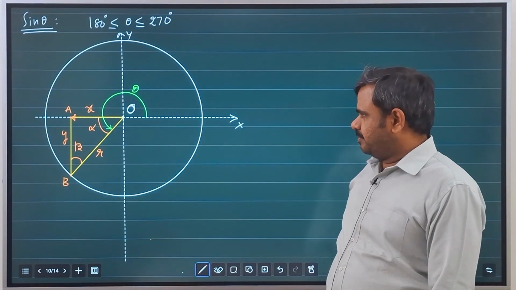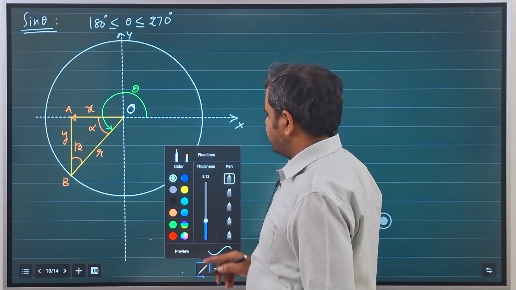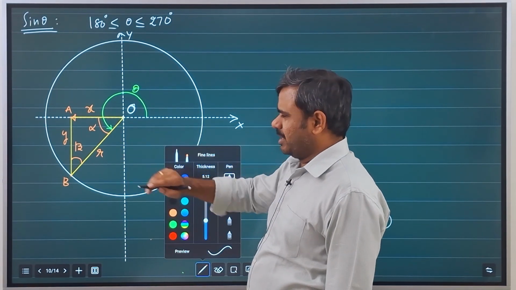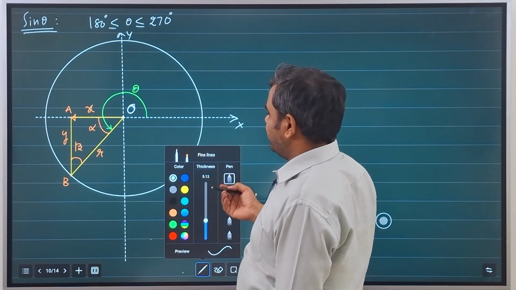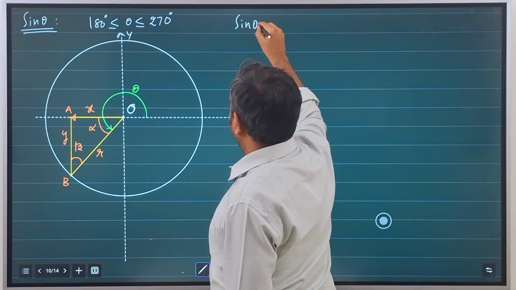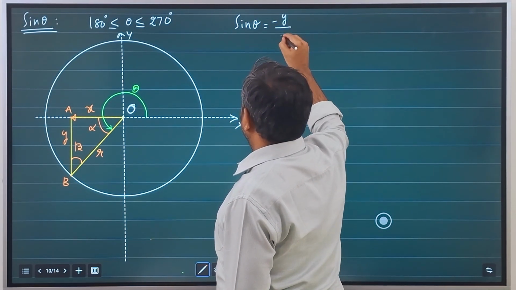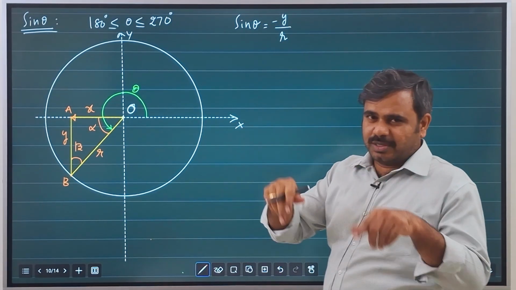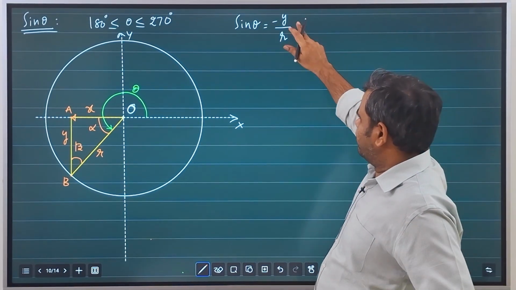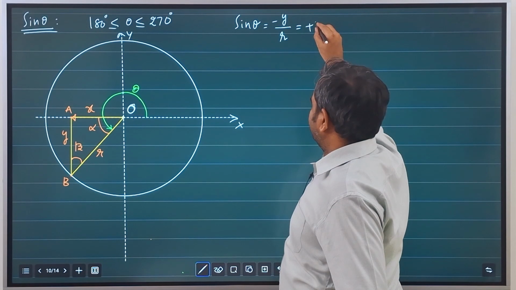Now sine theta is equal to y by r, but y is negative. If I take the modulus, I mean only the magnitude of y, and substitute it here, we are getting a negative value here.